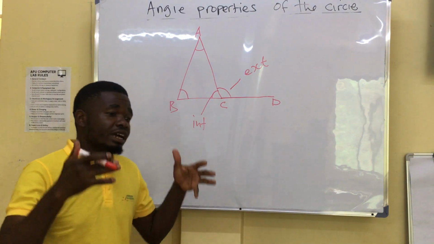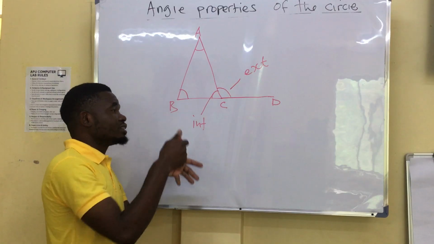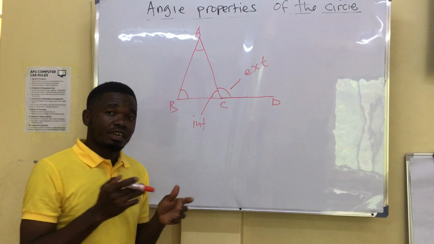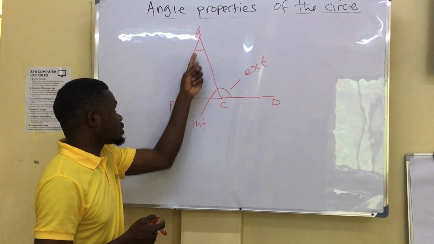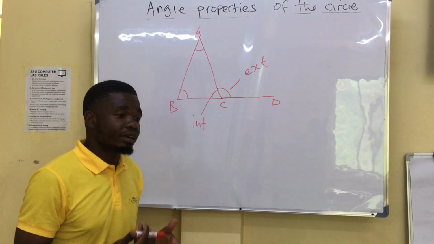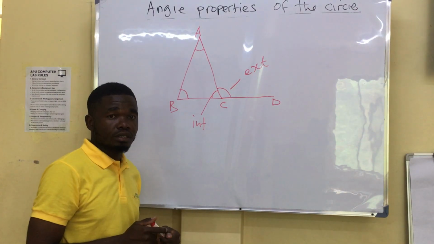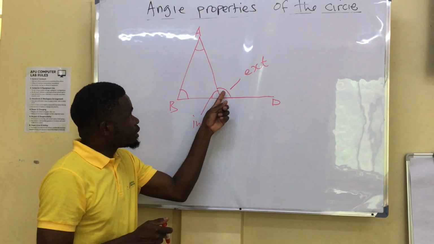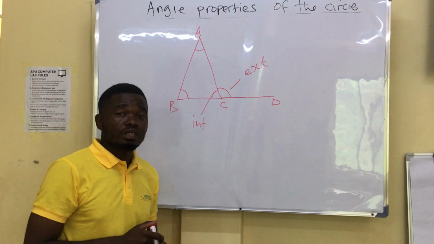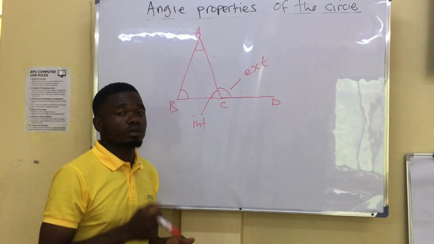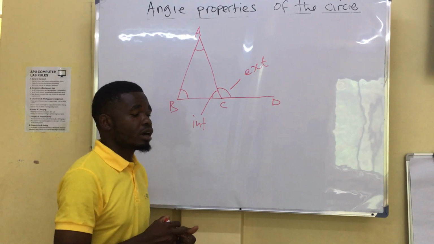Interior means something which is inside. So these are interior angles. Why are they called interior? Because they are inside the triangle. While this one we call the exterior angle. Why? It's outside the triangle.